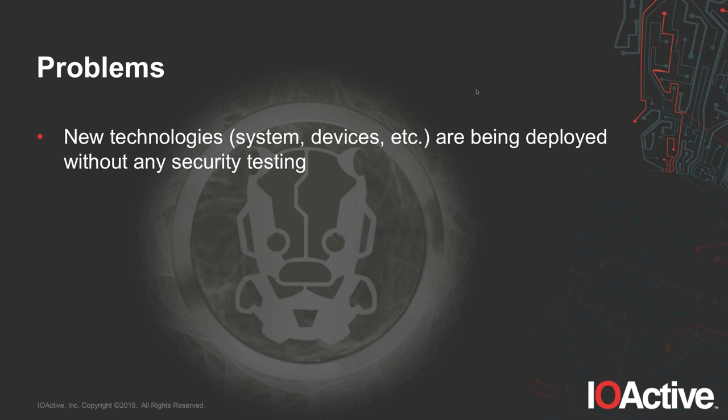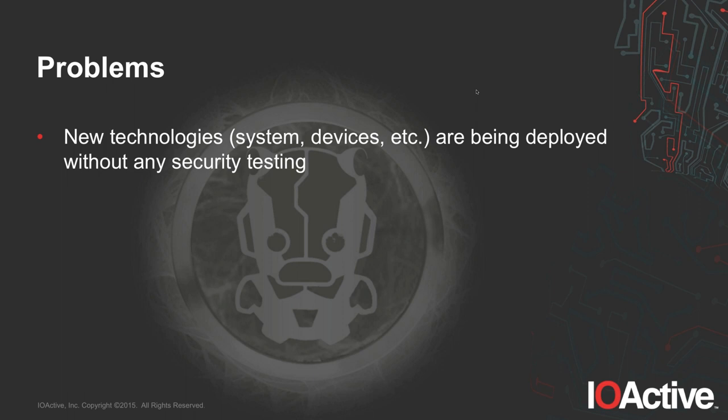So the government will purchase the technology and implement it without any security testing. There is a lot of testing for functionality, but there is no security testing at all, at least from what I have seen. So basically, the governments are trusting the vendors with the security of their infrastructure.